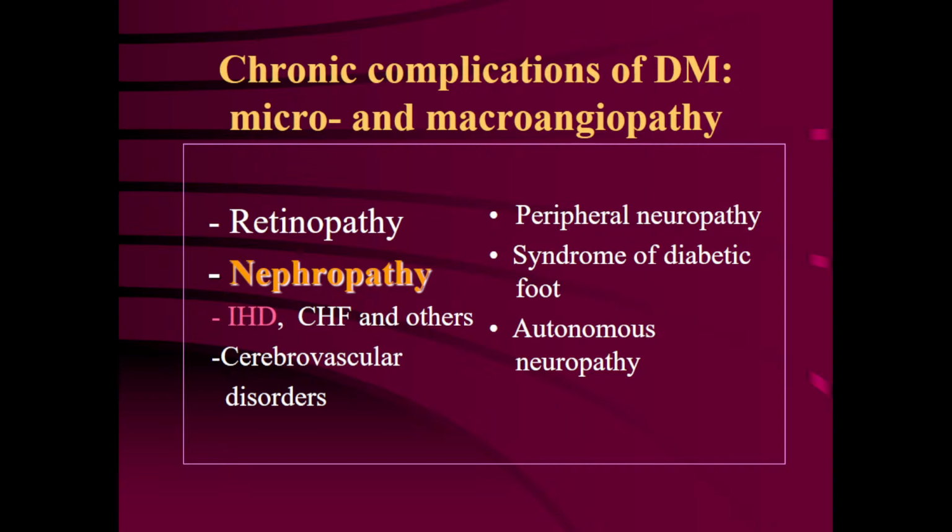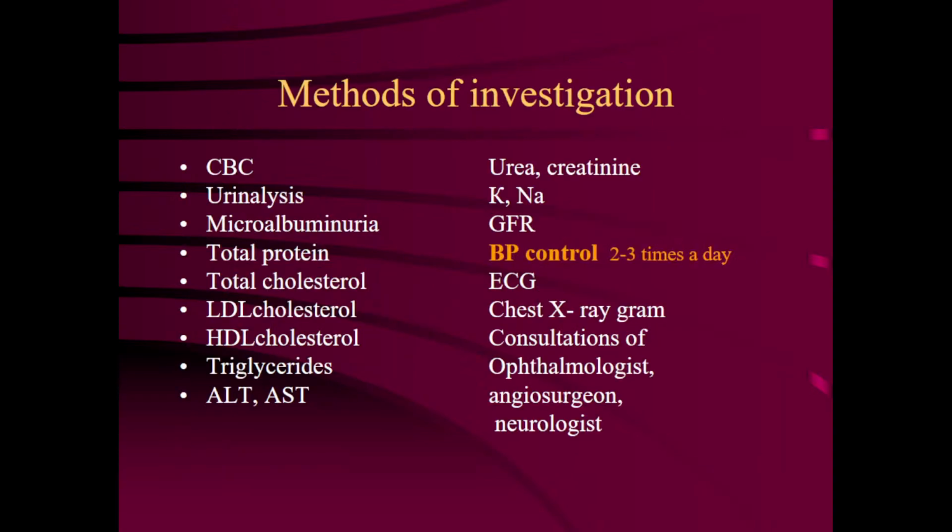And it's also one of the ways of pathogenesis of arterial hypertension. And what else is also important to remember about cerebrovascular disorders? Peripheral neuropathy, syndrome of diabetic foot, autonomous neuropathy, but for arterial hypertension, of course, the most significant are nephropathy and ischemic heart disease, atherosclerotic damage of aorta, and cerebrovascular disorders.